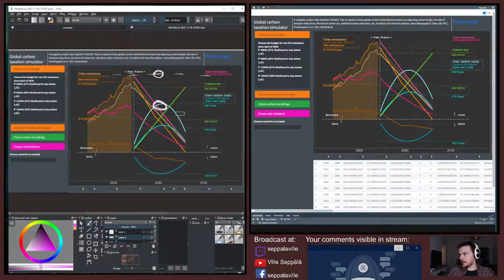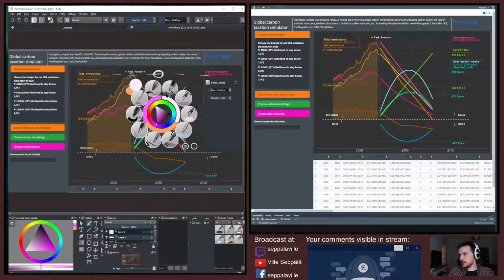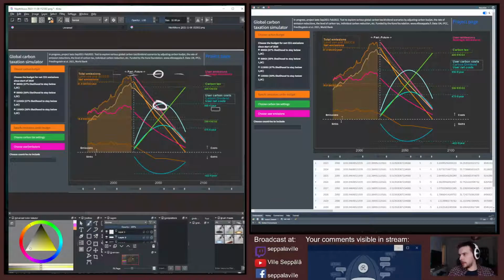I think the biggest issue with this is that it's problematic with these blue scales here. When we have cases where the user emissions are smaller than average emissions, the carbon dividend portion becomes quite dominating, especially if I have it here as a negative value.